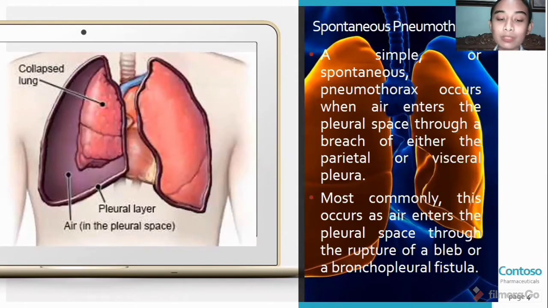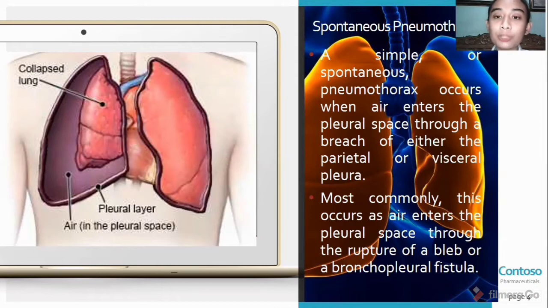fistula. A spontaneous pneumothorax may occur in an apparently healthy person in the absence of trauma due to the rupture of an air-filled bleb or blister on the surface of the lung, allowing air from the airways to enter the pleural cavity.